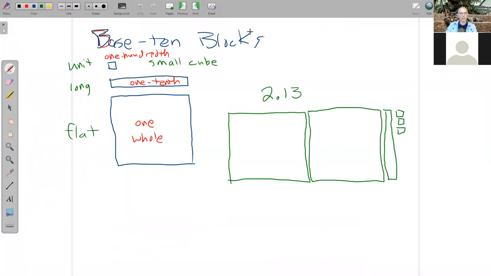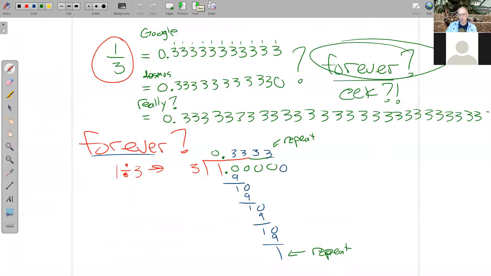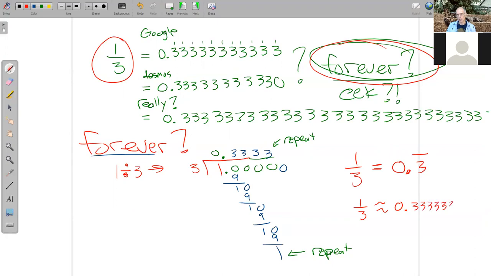If I go back to some of these examples, like this one right here, the way on paper we deal with this forever problem is we just say, hey, 1/3 is this, and the bar indicates the 3 repeats. So the bar indicates the repeating pattern. I can put an equal sign there. Otherwise, I could say 1/3 is approximately 0.3333, however many threes my calculator gave me.